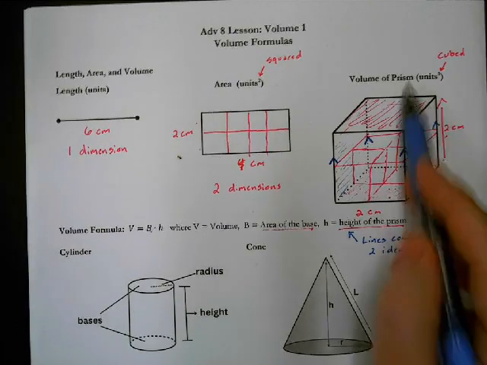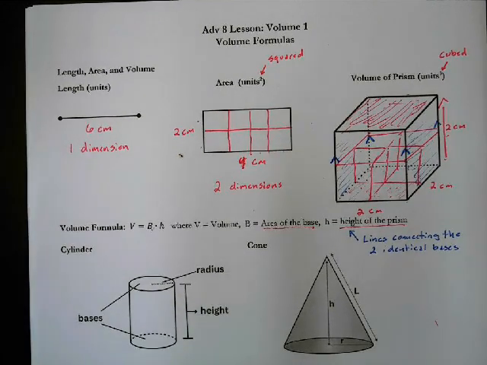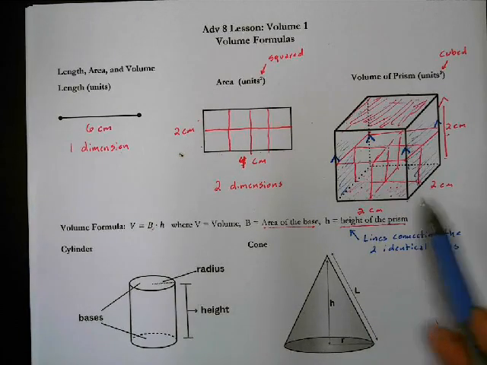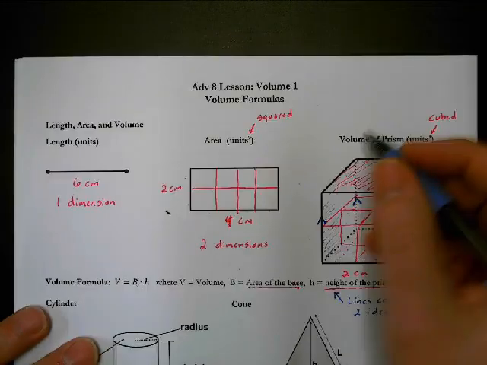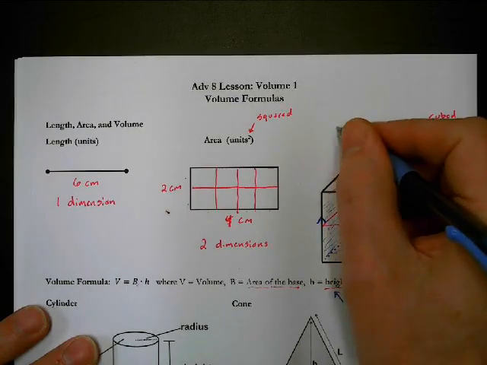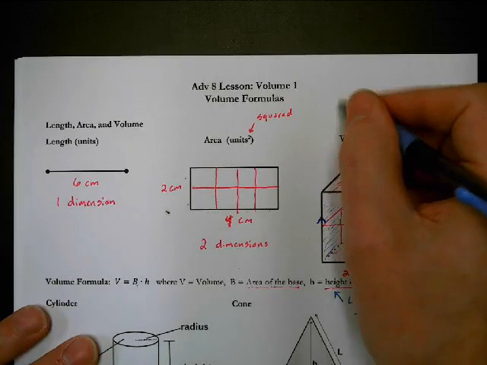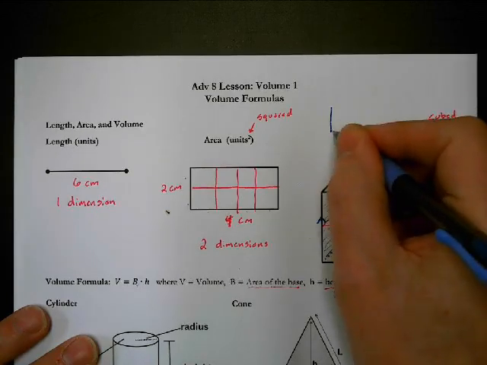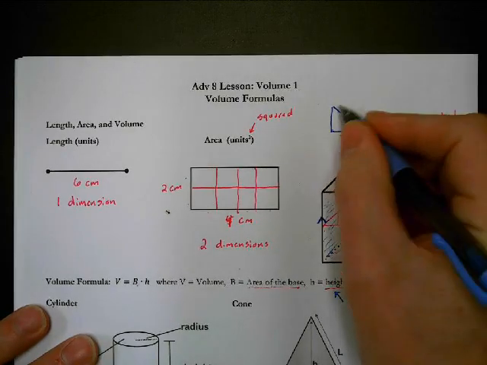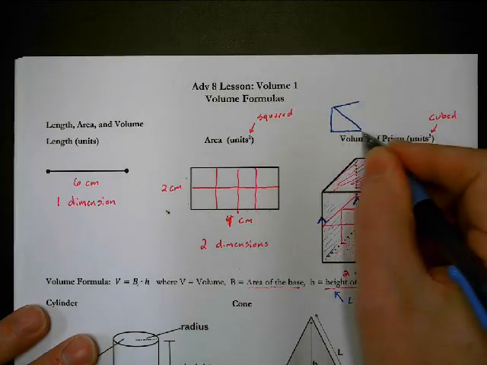Now with prisms, I could have made my base a triangle. Well, let's see what that would look like. Okay, so I'm going to lay it on its side. So here's a triangle, and this is going to go back.